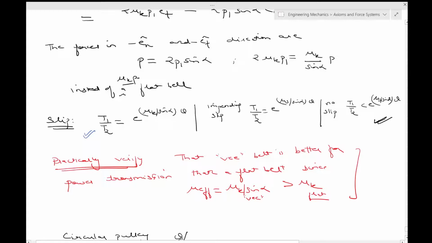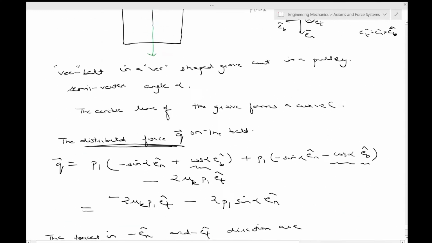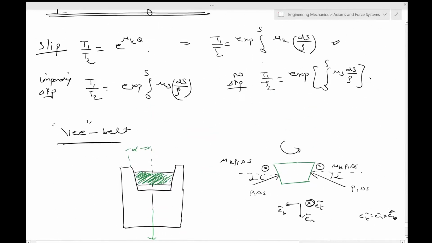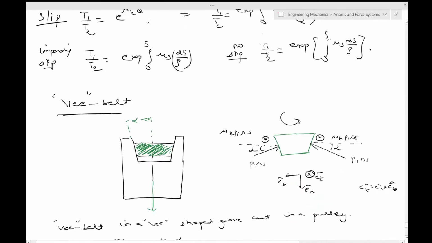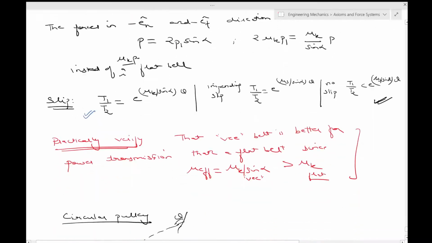So I will just write it somewhere, that using 2.76, I will write this so that you can verify that.